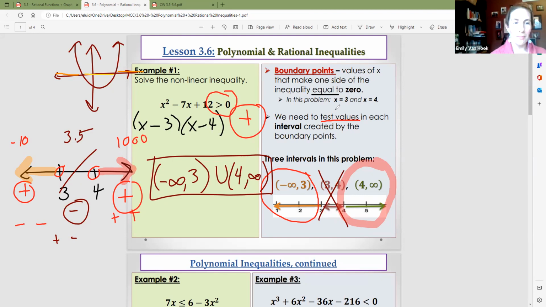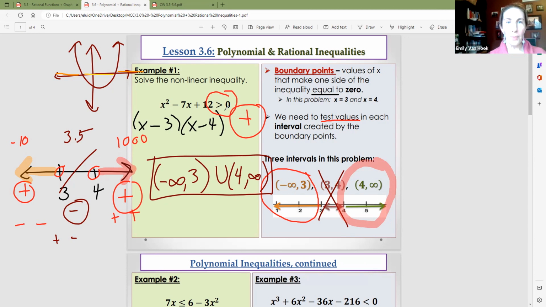You test each one to see whether what you plug in makes the inequality true. Look at the original inequality to see whether it needs to be positive or negative. A lot of times you'll see greater than 0, so you're looking for positive results. If it says less than 0, you're looking for negative results. It really depends on the original problem.